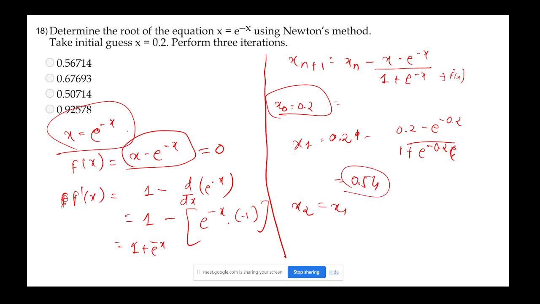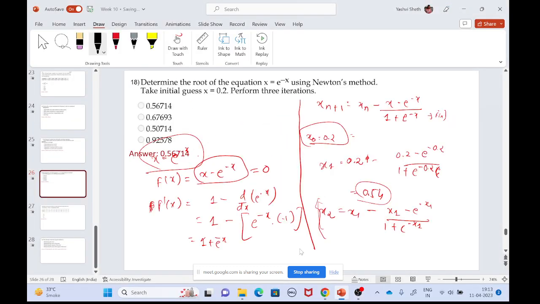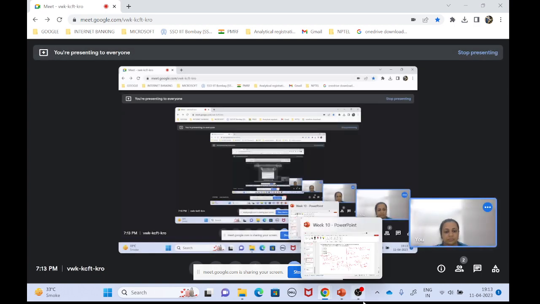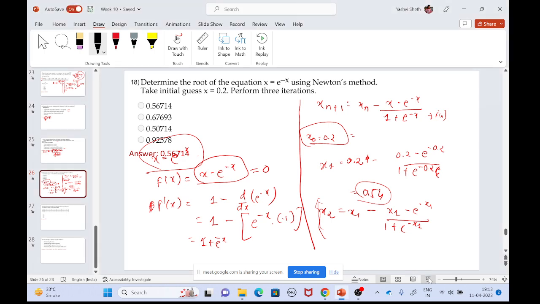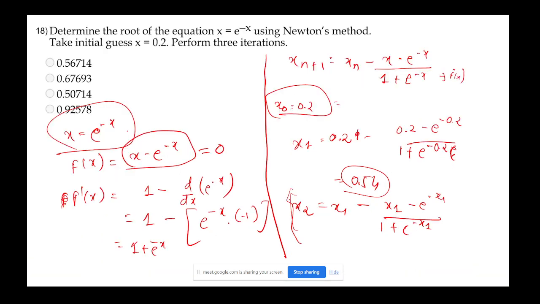Now again for the second iteration, you substitute this value: x1 minus e raised to minus x1 upon 1 plus e raised to minus x1. You do two more successive calculations.